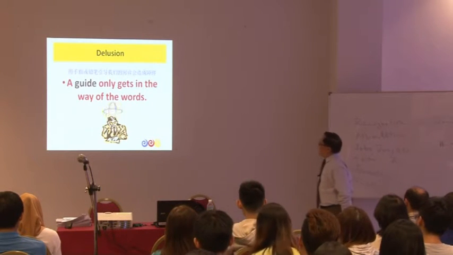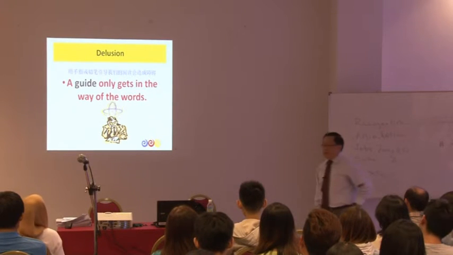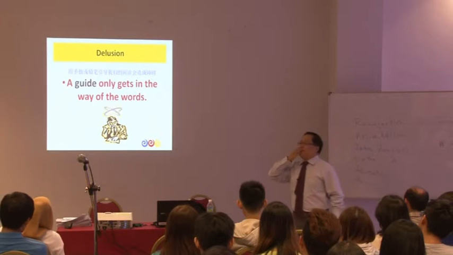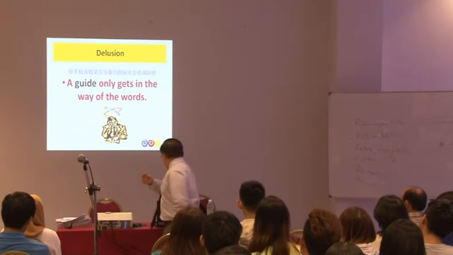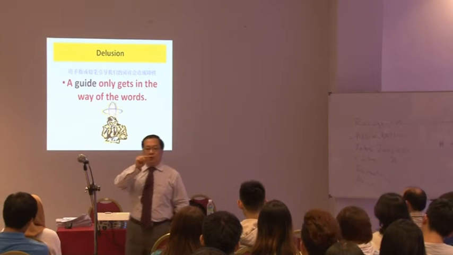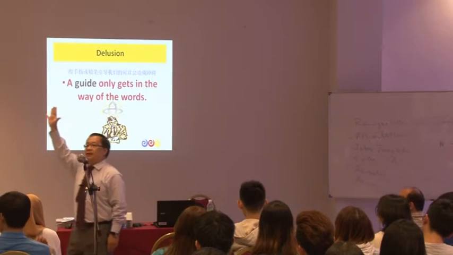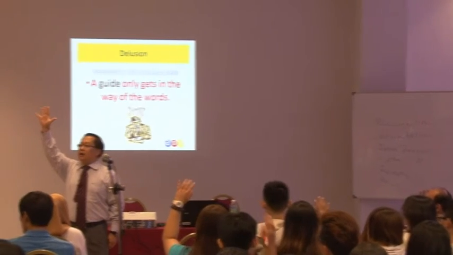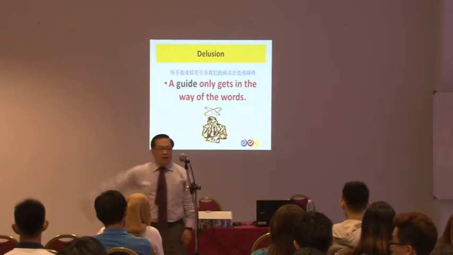Now, a guide only gets in the way of the words. Now, how many people read by using your fingers or by using a little pen or something to keep you where you are? Can I have a show of hands with that? Okay, so which means the other people don't. Am I correct to say that? Okay, good.